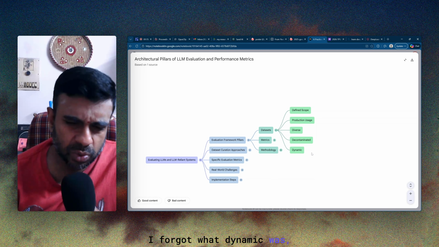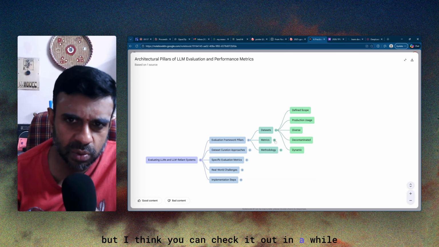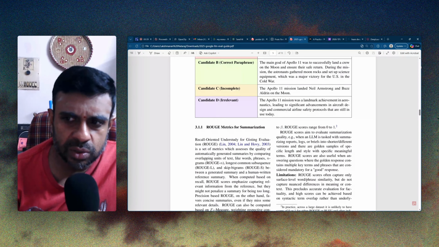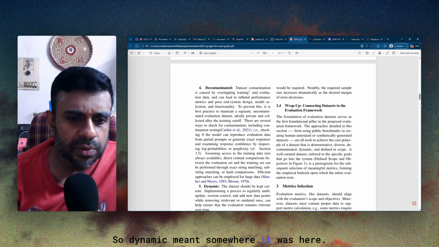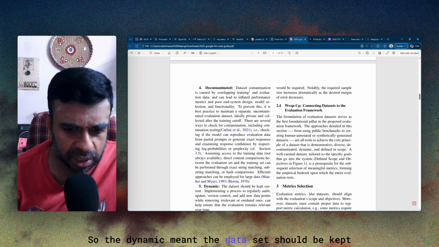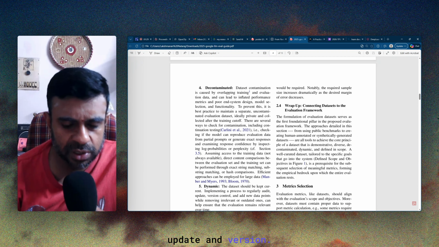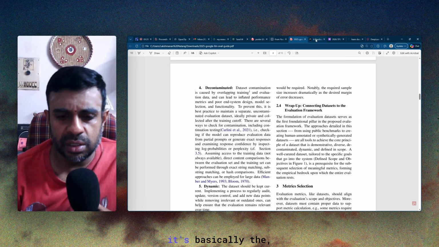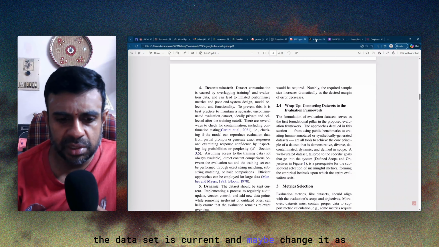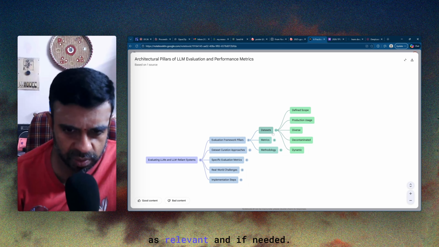I forgot what dynamic was, so let me check it right away. The dynamic meant the dataset should be kept current, implementing a process to regularly audit, update, and version. Okay, so it's basically that the dataset is current, and you change it as relevant and if needed.